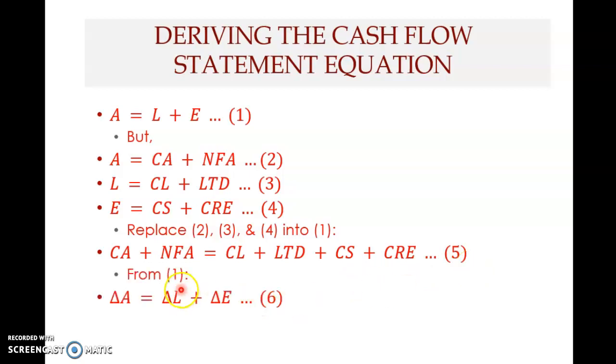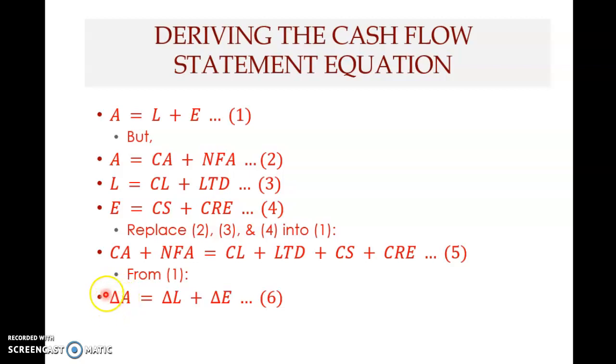Next, from equation 1, what we have done is taken this. If this is true, this is the level of assets, and it must be equal to the level of liabilities plus the level of equity. This is the total amount. But if this is true, then the change, this triangle symbol here, refers to delta or change in.